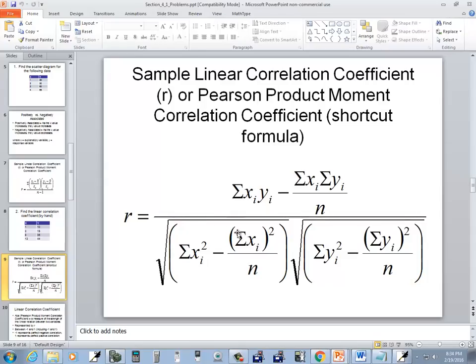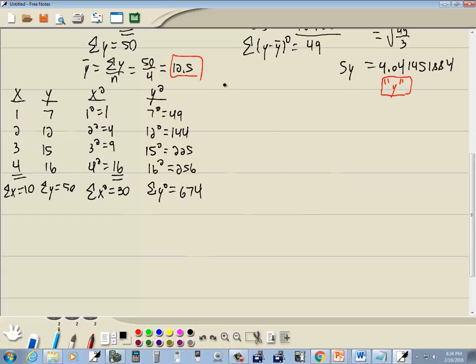Now the last thing from our formula is x times y. So we're going to have, leave a little bit of room here, x times y. 1 times 7 is 7. 2 times 12 is 24. 3 times 15 is 45. 4 times 16 is 64.